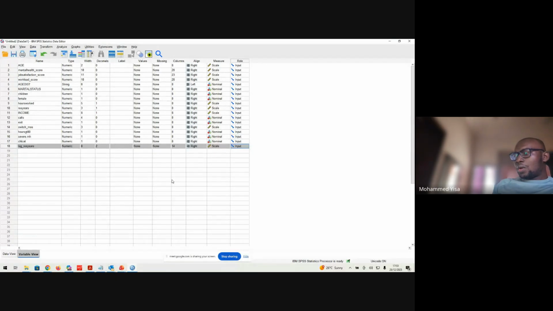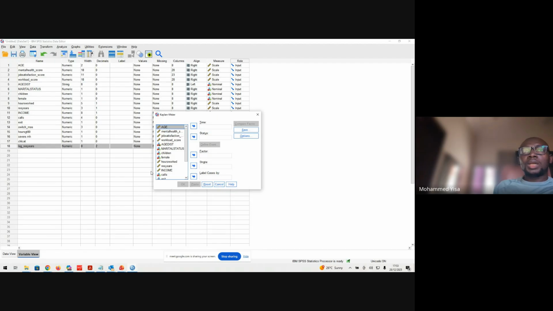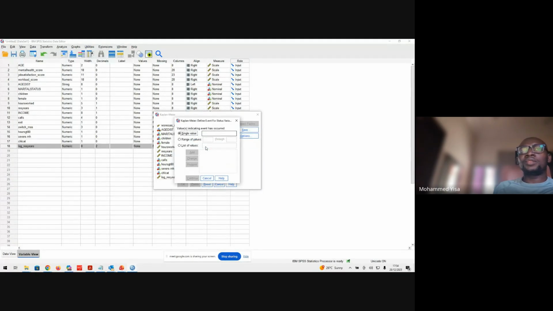So in order to do our Kaplan-Meier curve, we come to Analyze, select Survival, and come to the option that says Kaplan-Meier. Our time, we said we measured in months. So this is switch months, basically the time in months that it took for a resident to switch careers from medicine. We put it in here. The status is exit: has the person exited, yes or no? There's a question mark in the bracket, so we have to define that event.